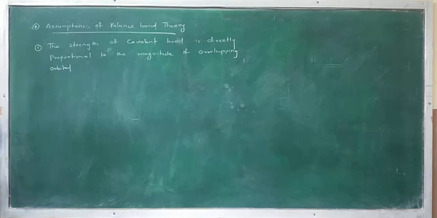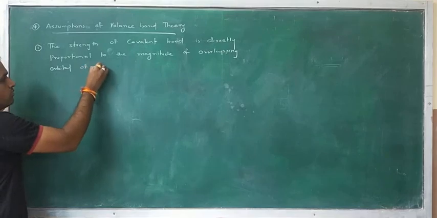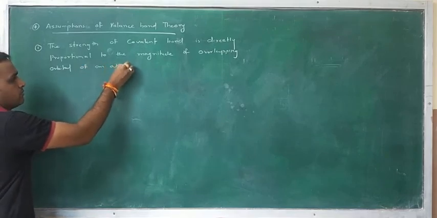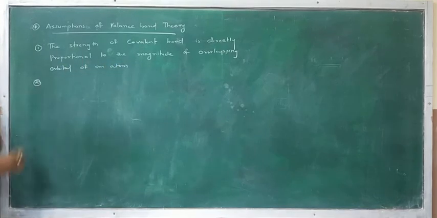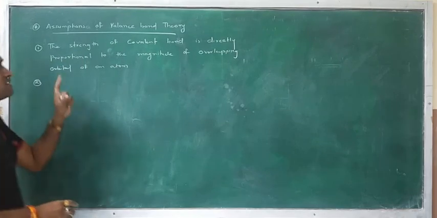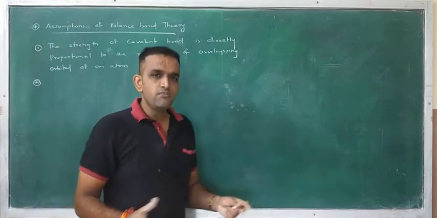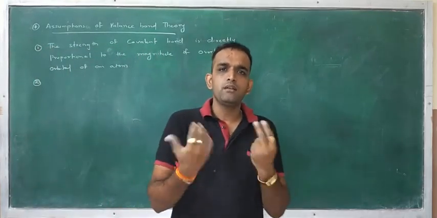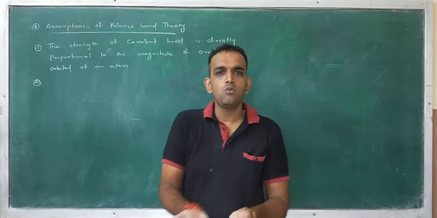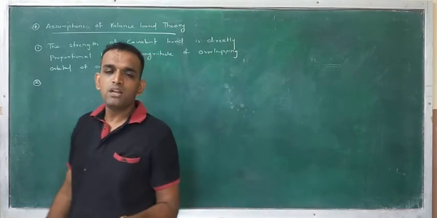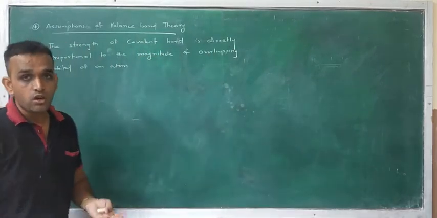Second, what this statement indicates is that if the overlapping is more, then the bond becomes strong, right? Whatever covalent bond is formed by the overlapping of orbitals, it will be strong, right?